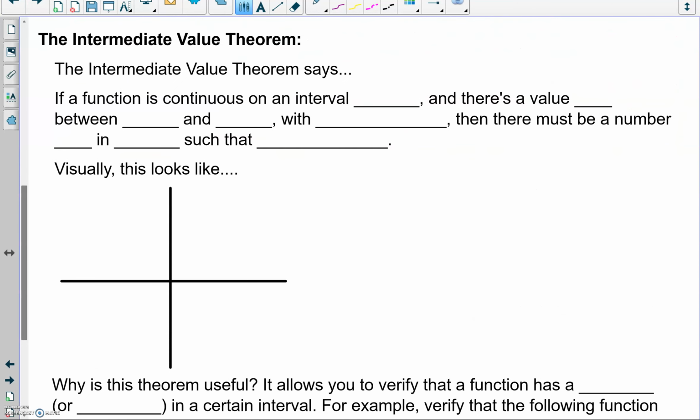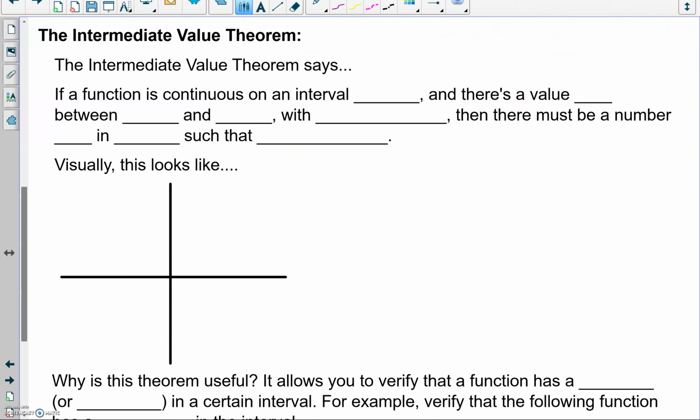Alright, so the intermediate value theorem is the last thing we're going to look at here, and I'll probably have to do a second video for this, as we're getting close to time.